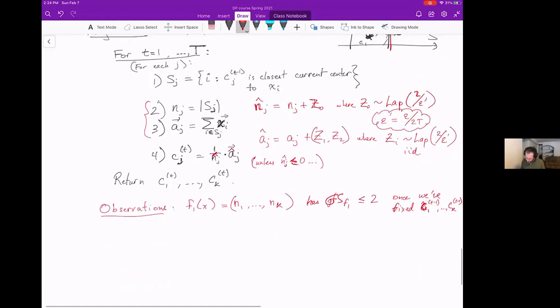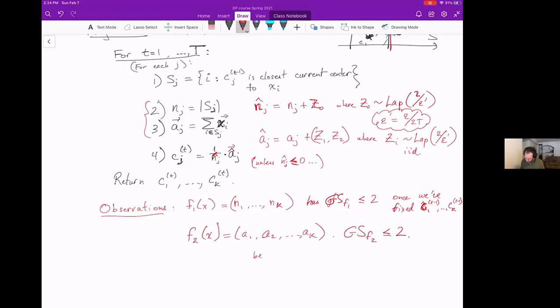And similarly, we can talk about F2 of x. F2 of x is just the concatenation of the sums, the AJs. And I claim that the global sensitivity of F2 is also at most 2 in the L1 norm.